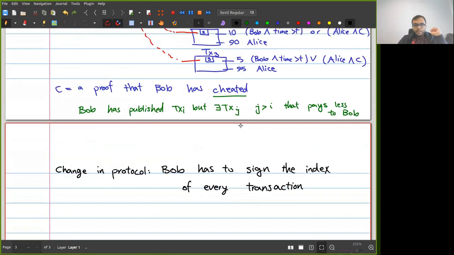Okay? So our proof C is just going to be Bob's signature on an index larger than the current transaction's index.